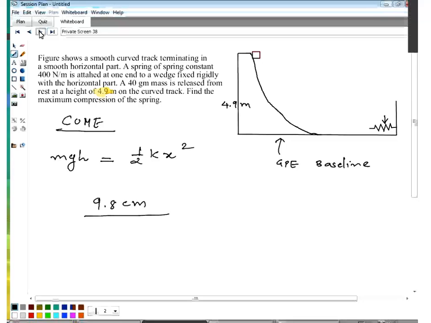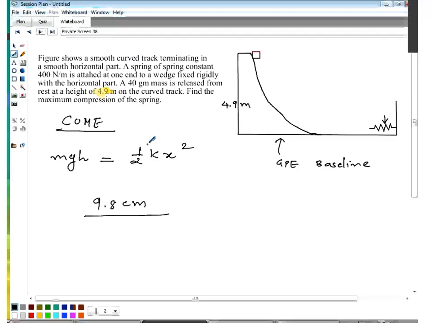Now, while discussing this question, I made use of half kx square. Half kx square we had discussed in the context of work done when spring force is involved.